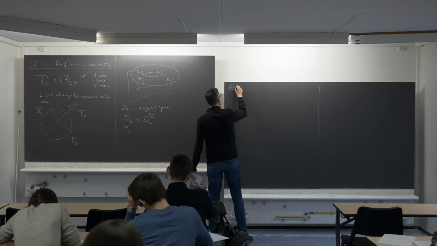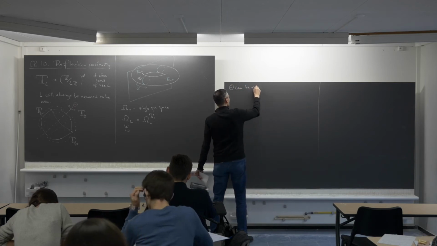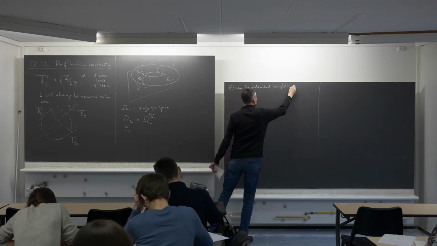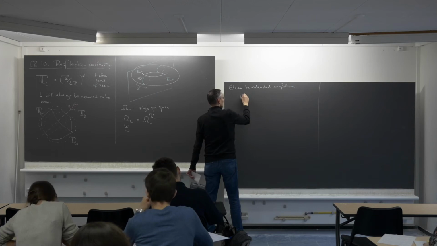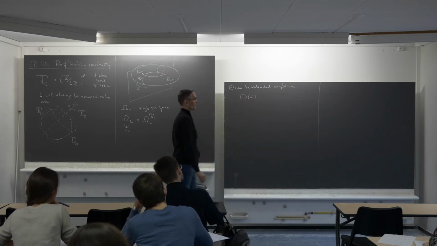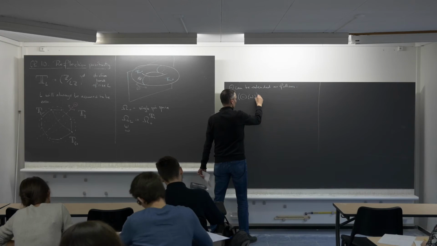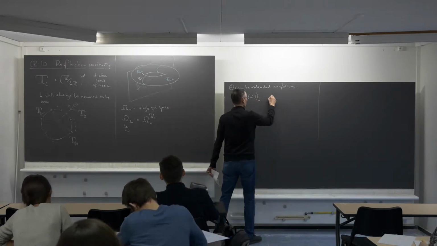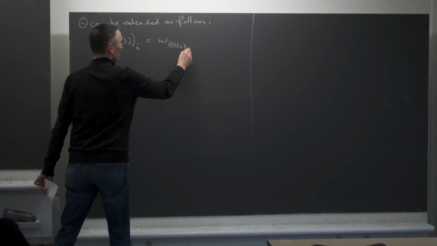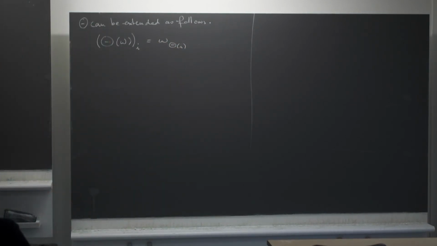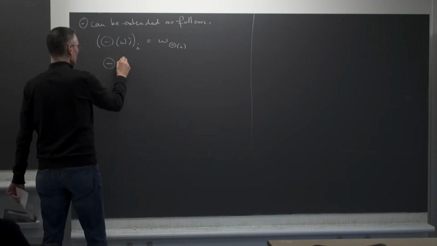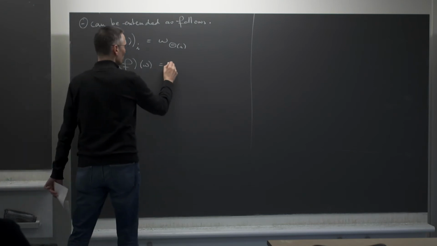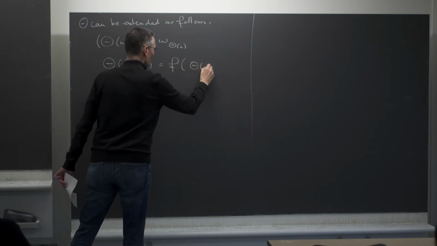So theta can be extended as follows. So I will define theta acting on configuration omega as follows. So the configuration I get at vertex i will just be omega of theta i. And then same thing for function. If I want theta of a function f evaluated at the configuration omega, this will be just f of theta of omega.